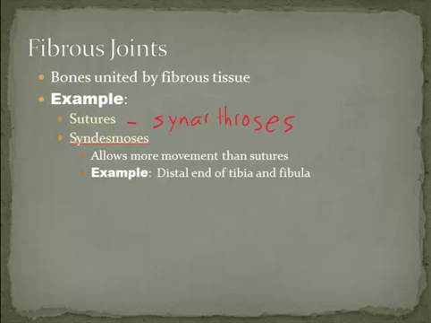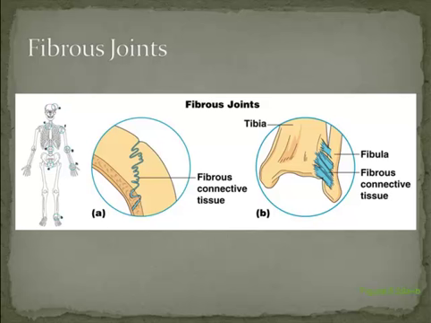So here's some pictures showing this here. Here we have the sutures. So notice how these sutures look. So it's kind of like a jagged edge here connected together, all in this area, in this joint. All the blue area there is going to be your fibrous tissue holding those two bones together.